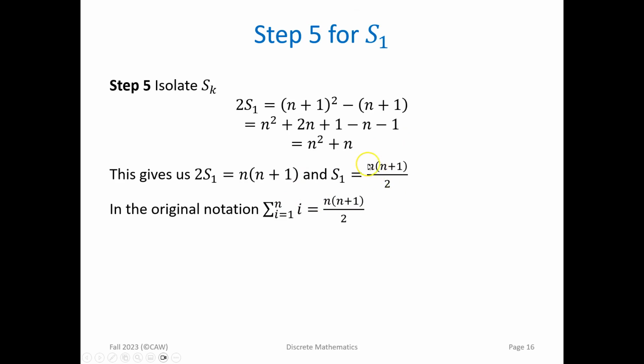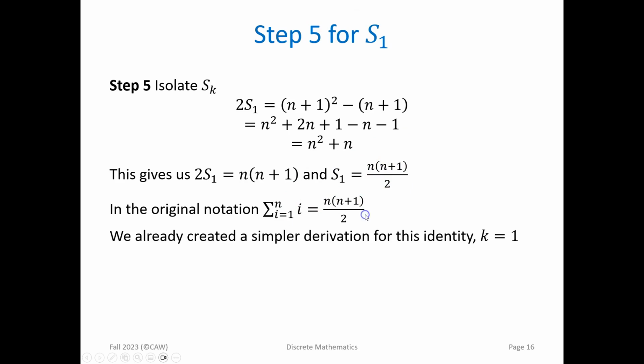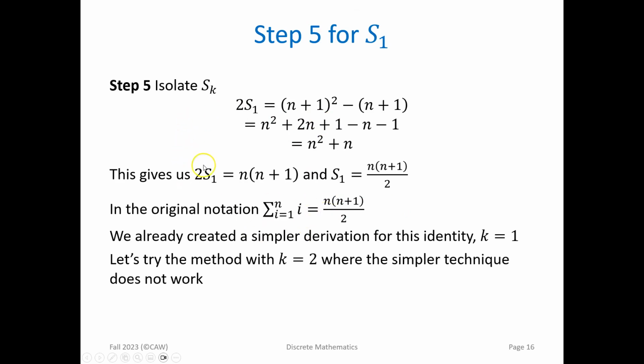So the transitive property tells us it's equal to n times n plus 1 divided by 2. So this is the same identity that we created earlier. We created that when we just did that simple stacking of 2 equations and then divided by 2. This was a little more complicated, but this used the general technique to get the same explicit formula.